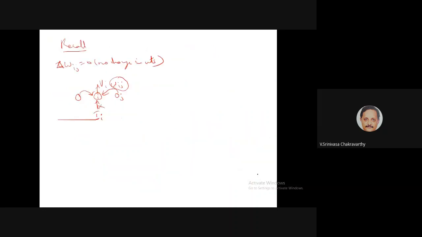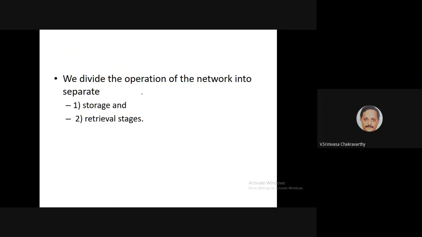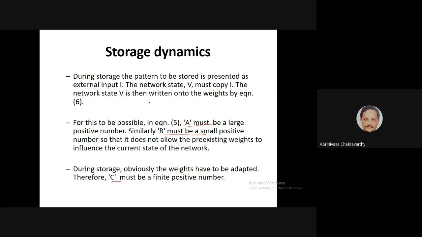Once you have that, recall is straightforward. During recall, I don't want any weight change, so delta Wij will be 0, no change in weights. It will just run and retrieve. So basically, we need to divide the operational network into two separate stages, storage and retrieval. During storage dynamics, A must be a large number and B must be a small number, so that the external input will completely write itself.